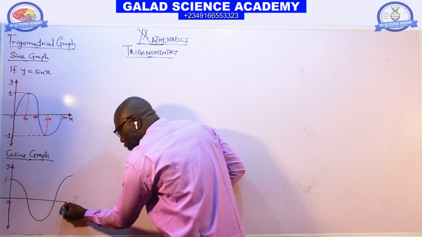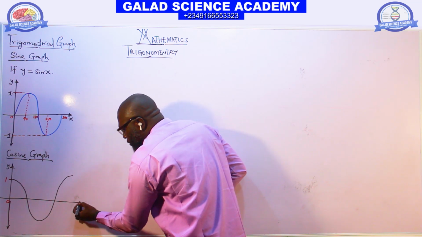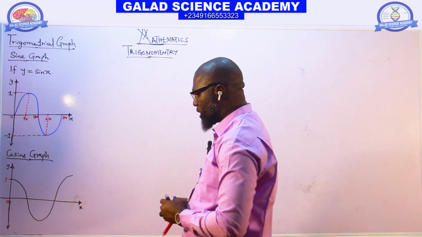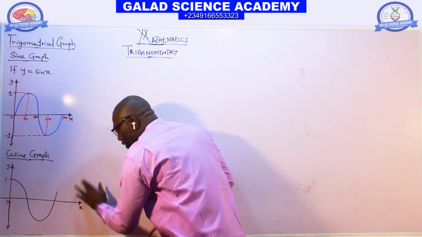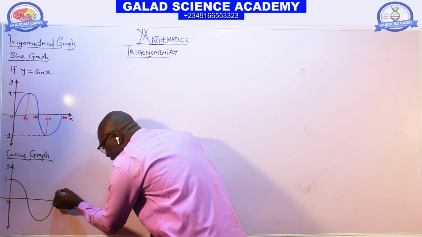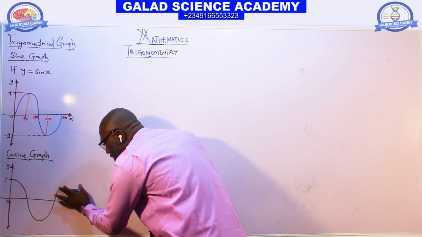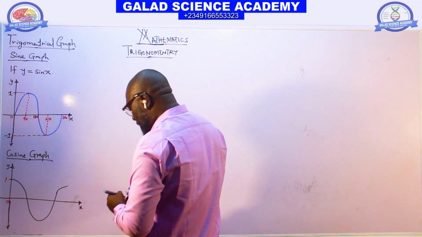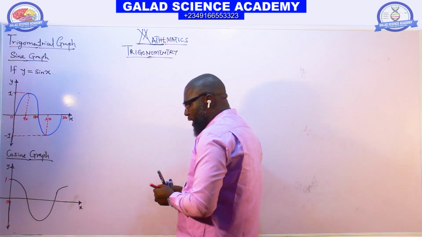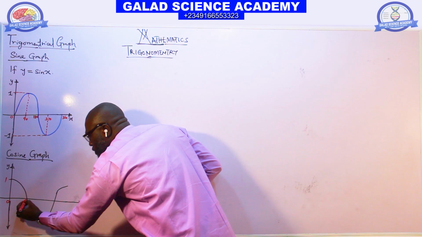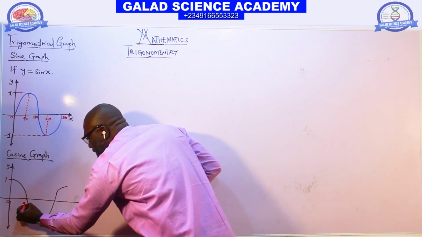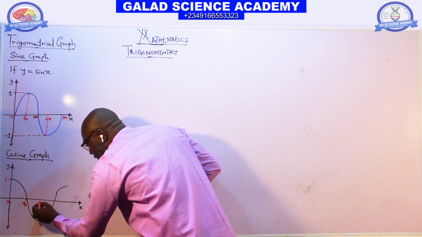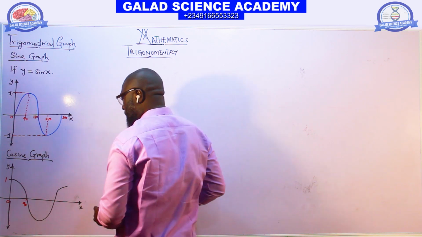This is how the graph of cosine looks. This place here will be 90.